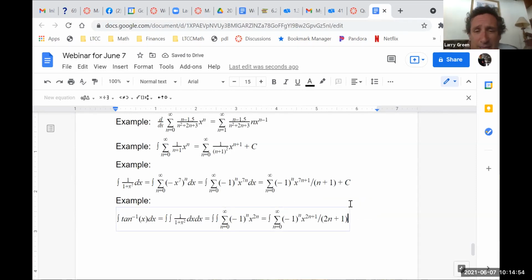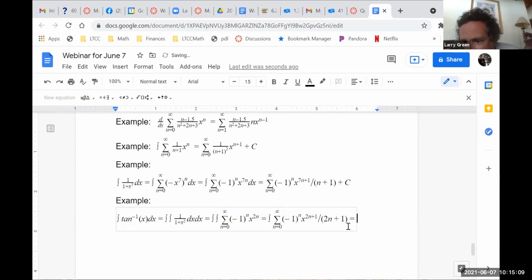Now, technically, there's a plus c, but we know that the inverse tangent of 0 is 0. So that means that c is 0, so we're okay for the first plus c. Second one, we're going to get a plus c out of it.